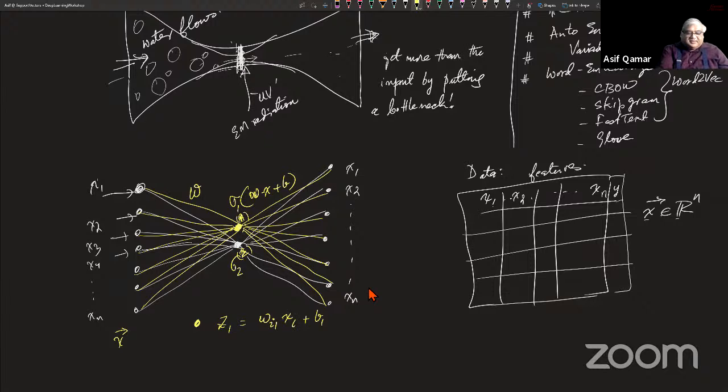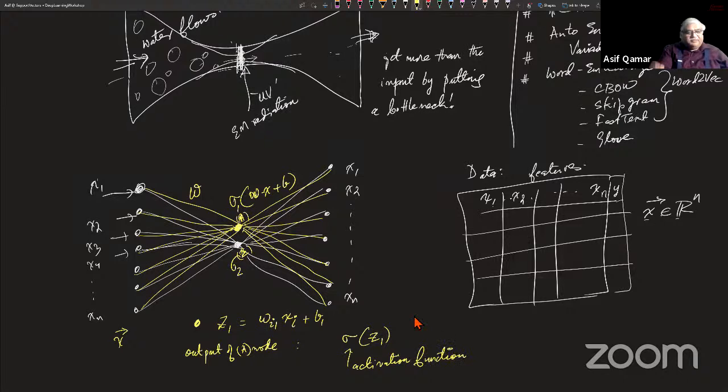Right? So far so good, guys. You agree that this is what it would be? Then the output of the A node is sigma of Z1, the activation function of Z1. This is the activation function.